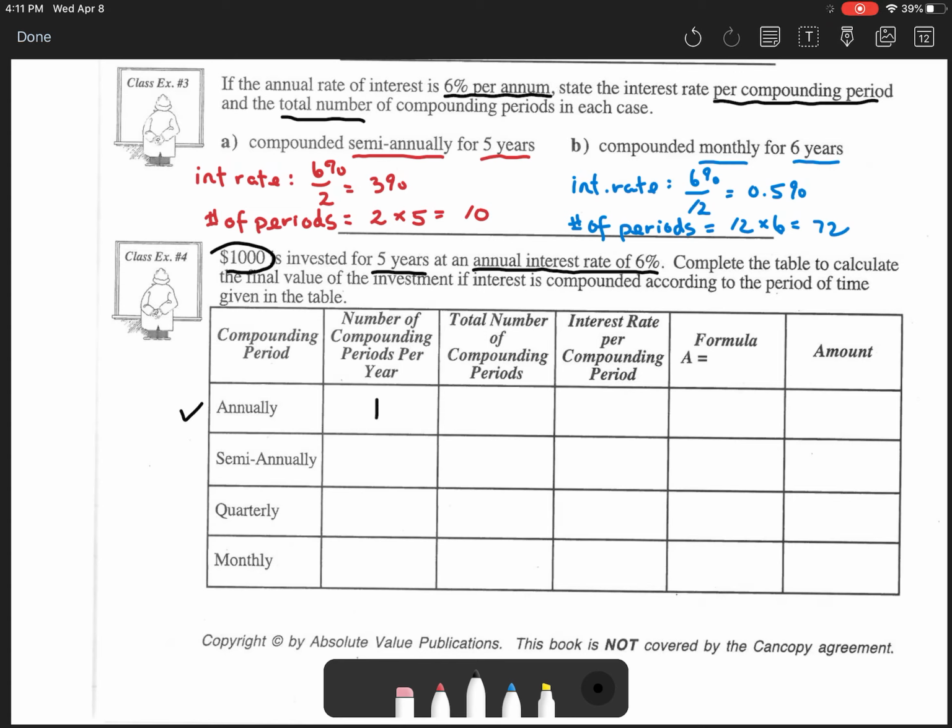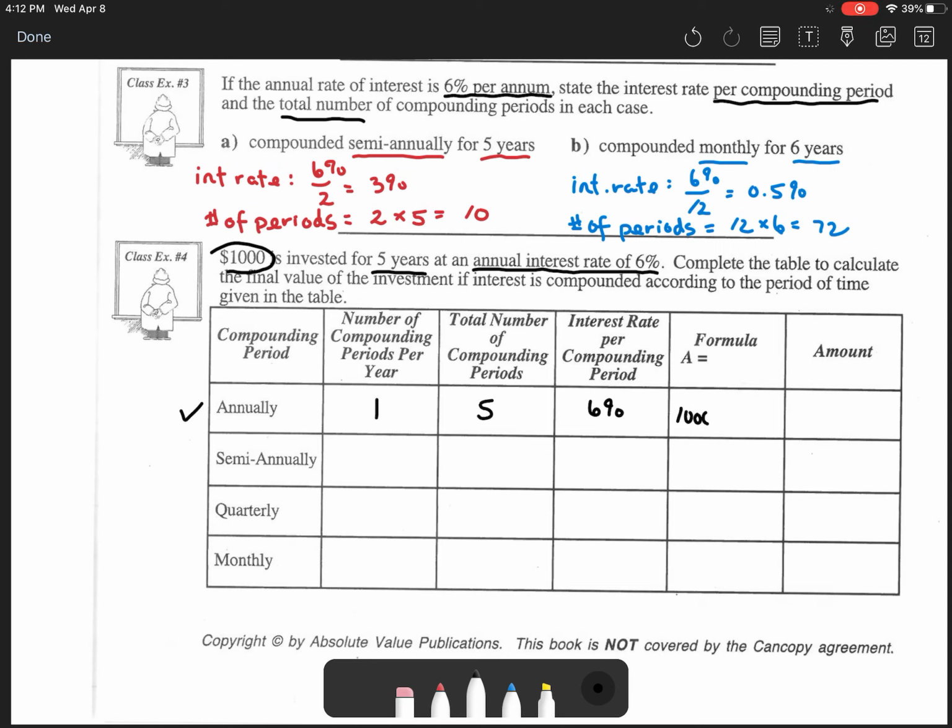So if I'm going to compound my interest annually, that means how many times a year? Just once a year. So the number of total compounding periods would be what? Well, it would be 5 because I'm investing the money for 5 years. So once a year for 5 years. Now the interest rate every time I collect interest is just going to be 6%, isn't it? Because they're giving me 6% for the full year. So every time I collect interest at the end of the year, I'm going to get 6%.